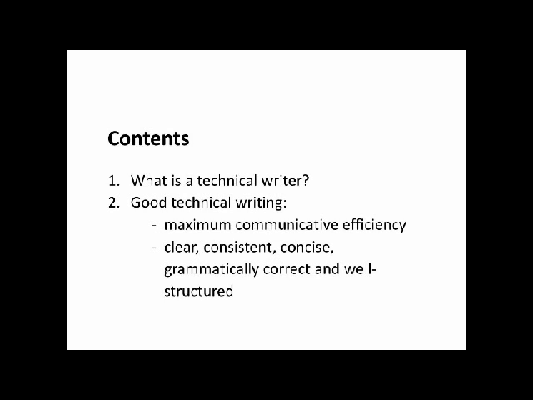Of course, being grammatically correct is quite a big area. So don't worry, we won't be going into the whole grammar of English and everything else today, but I'll just be highlighting some of the main errors that I tend to see cropping up in technical writing.